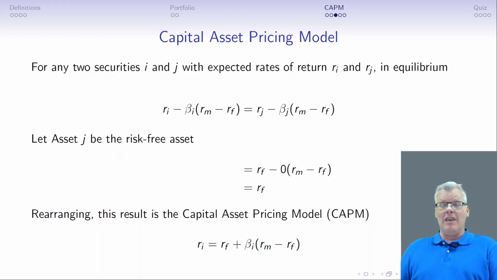What this is telling me is that the rate of return from holding security I is equal to the rate of return from holding Treasury bills, the risk-free asset, plus the risk adjustment. You remember the risk adjustment was the excess return from putting your money in the stock market relative to the Treasury bill, times the measurement of how risky stock I is relative to the market as a whole. So that's CAPM.